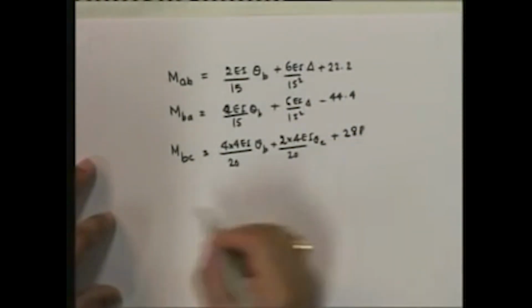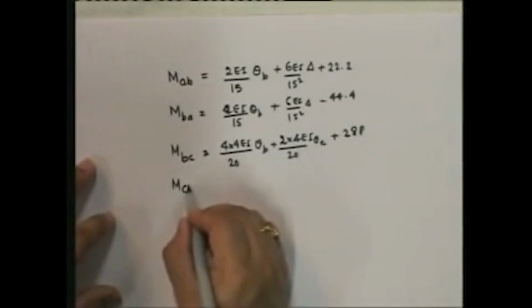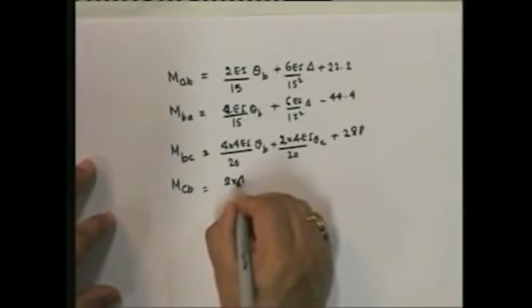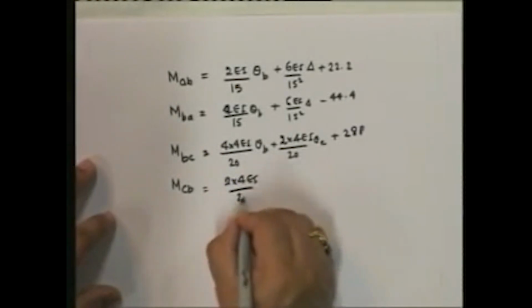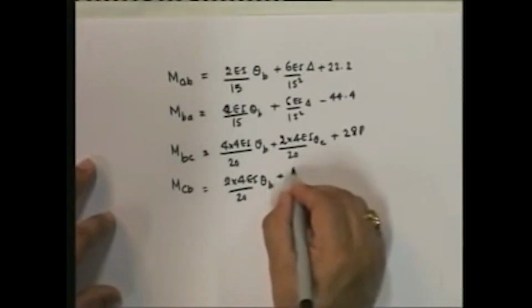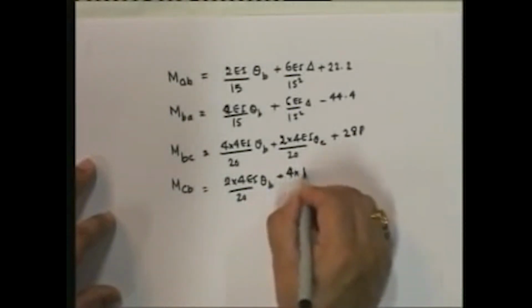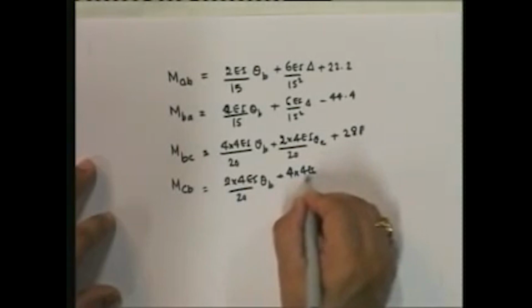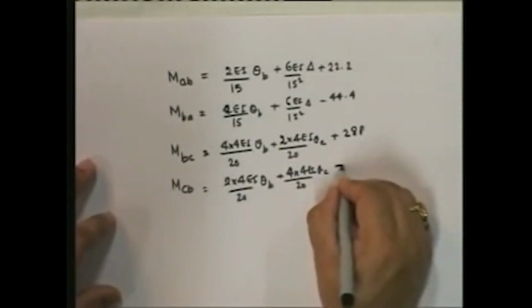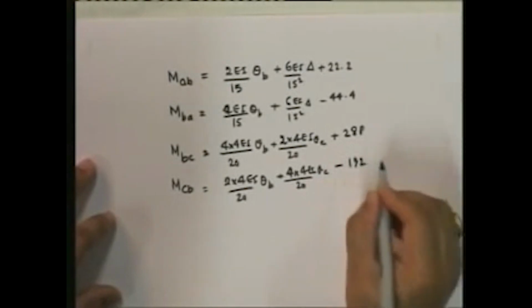Note that delta is equal to 0, so it doesn't contribute. MCB is equal to 2 into 4 EI upon 20 theta B plus 4 into 4 EI upon 20 theta C minus 192.